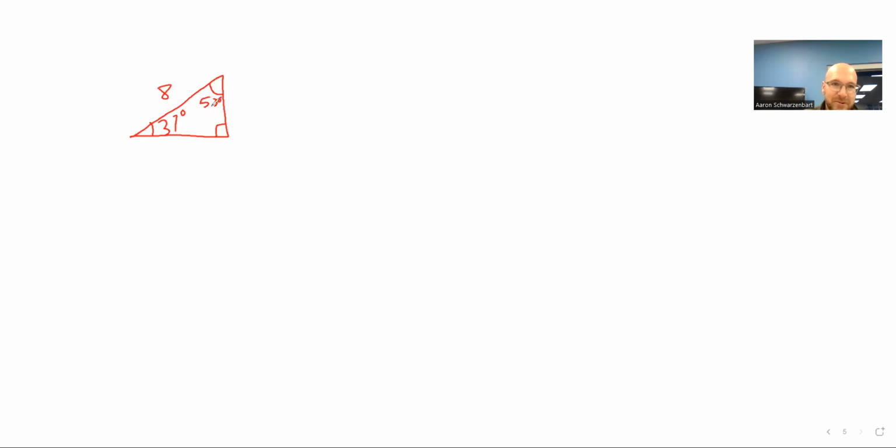Now, we'll call these X and Y. To finish solving the triangle, I need x and y. I know that the sine of 37 is equal to y over 8. So to solve this, I do 8 times sine of 37, which is going to equal my y. I use my calculator, 8 times sine of 37, and I get approximately 4.81.